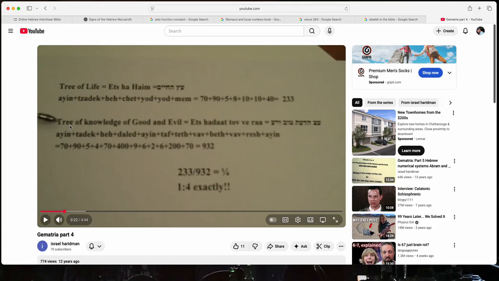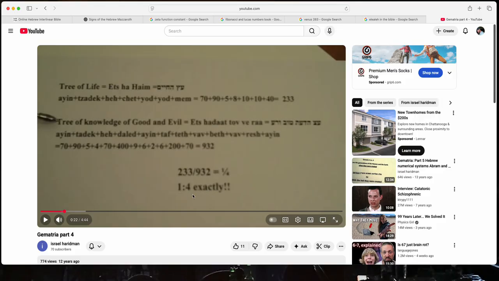And it's funny that he finds that the tree of the knowledge of good and evil, the second tree, or the third tree, I guess, mentioned in that passage of Genesis, I think it's 2:9, but it's Etz Hadat Tov Urah, which is the tree of knowledge of good and evil, and that comes out to 932. So that happens to be 233 times 4.